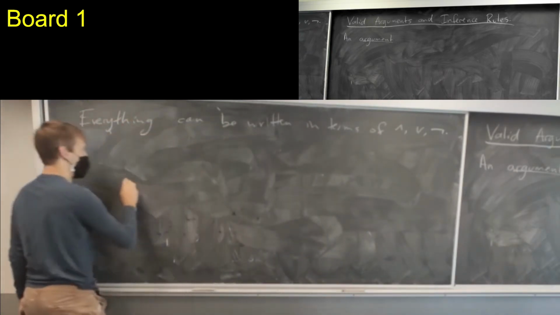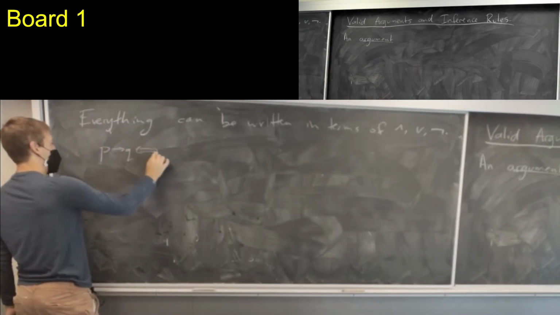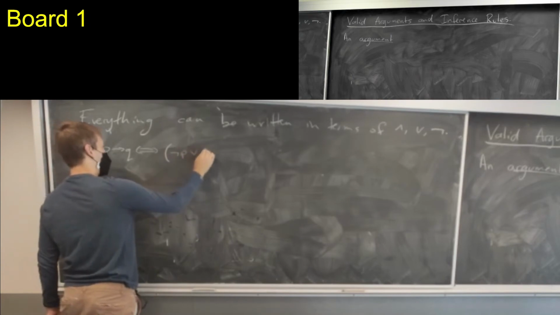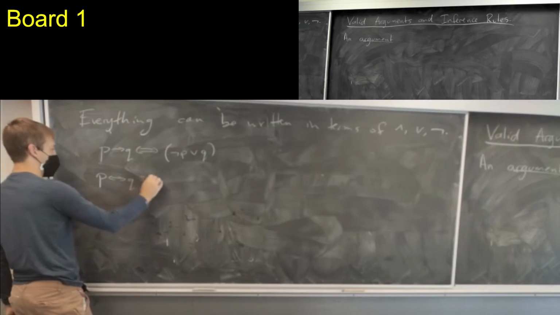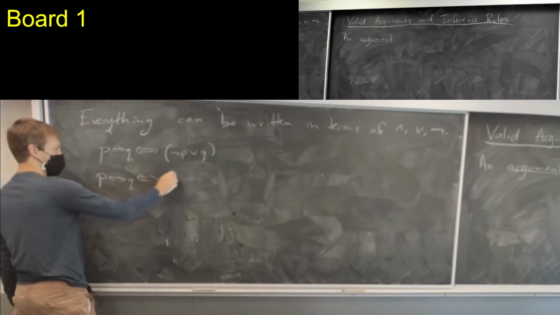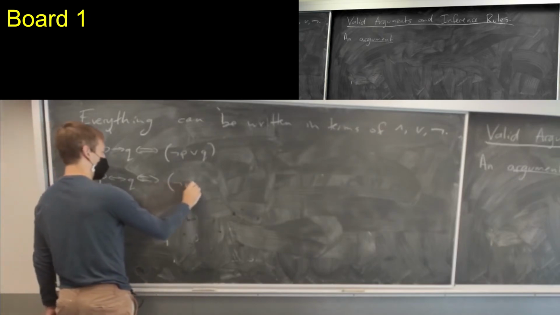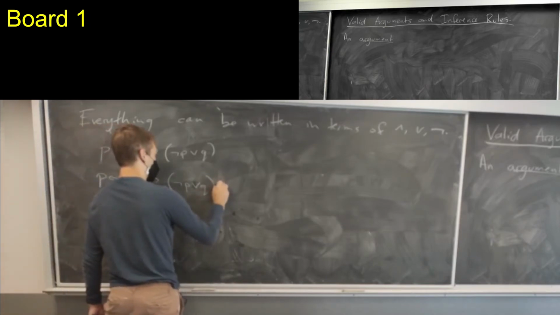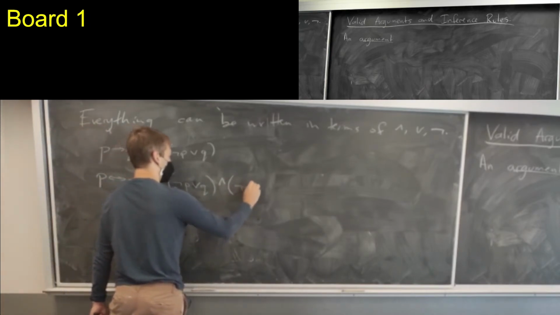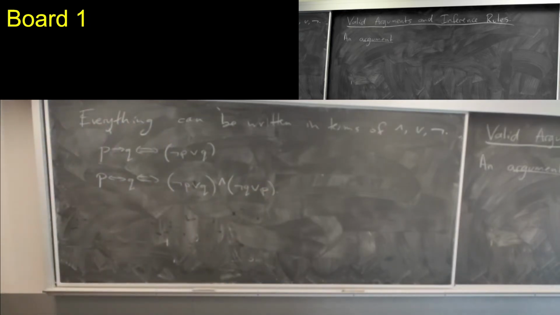We've kind of already seen that in some sense, right? Because P implies Q, we know is the same as not P or Q. And P if and only if Q, we know is the same as, and this is like doing two steps at once, you can feel free to write this as not P or Q, and not Q or P. So that already tells you how to write these things in terms of ands and ors and nots.